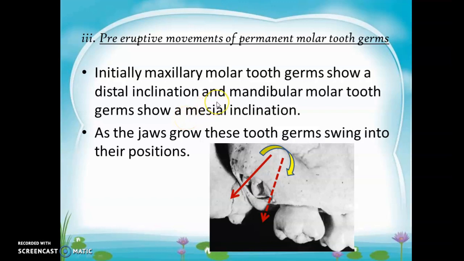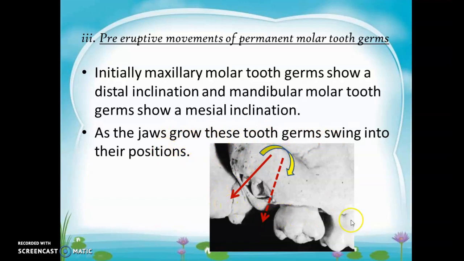The permanent molar tooth germs, which do not have predecessor teeth, show a different type of pre-eruptive movement. Initially, the maxillary permanent molar tooth germ shows a distal inclination and mandibular permanent molar tooth germs show a mesial inclination. As the jaws grow, these tooth germs swing into their position.